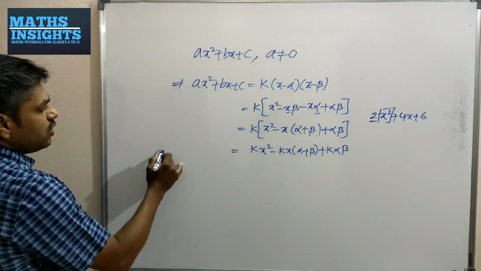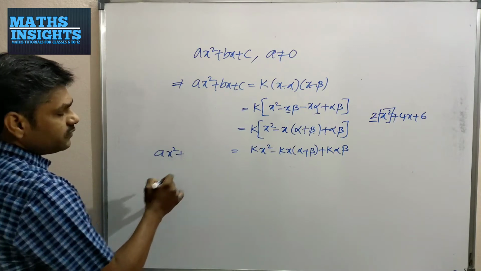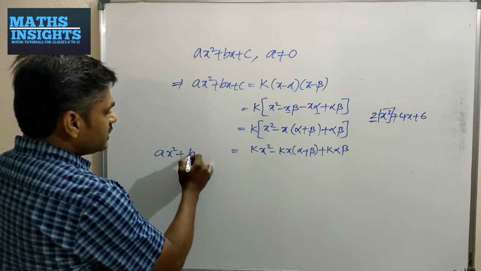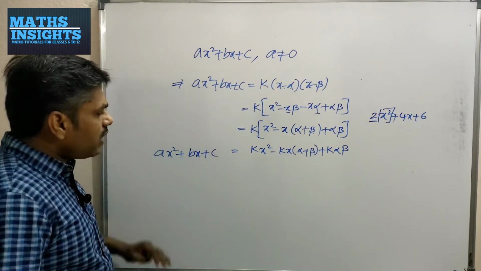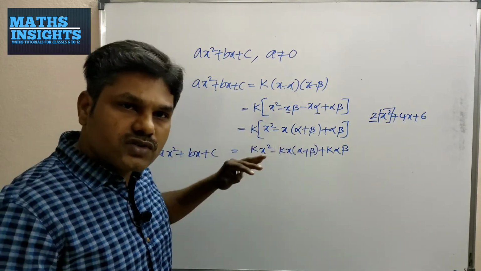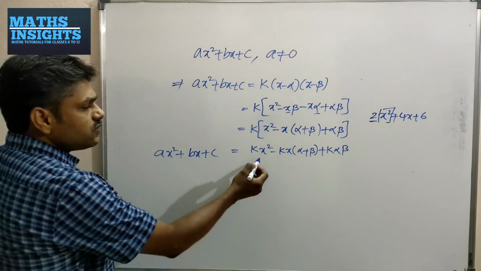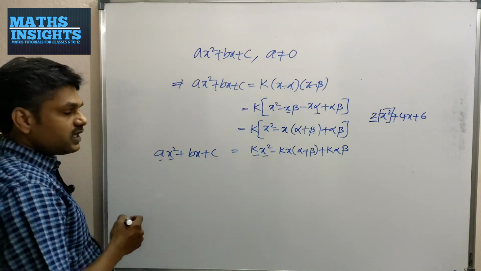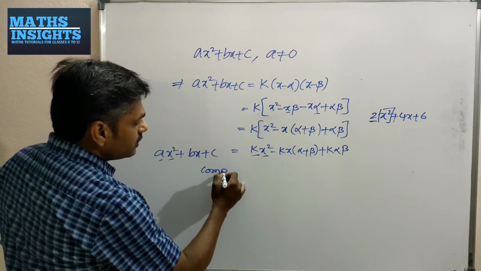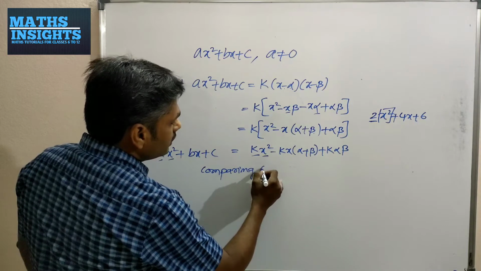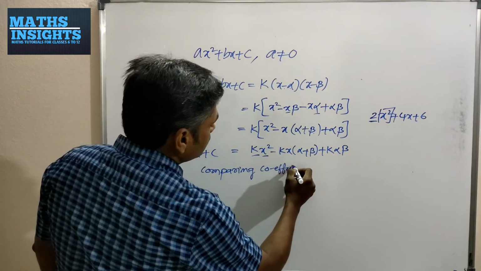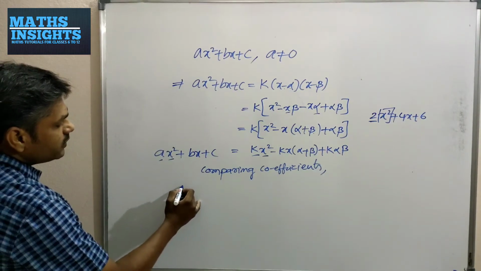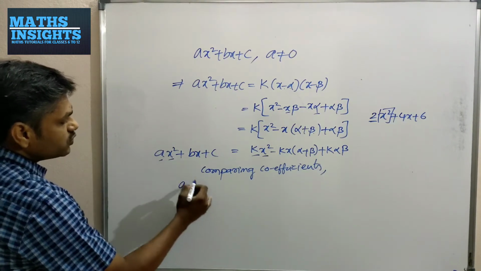See, you have to compare the result with this quadratic polynomial ax square plus bx plus c. Now I have to compare the coefficients of every term. The x square coefficient here is k and the x square coefficient here is a. Comparing coefficients, a is equal to k.